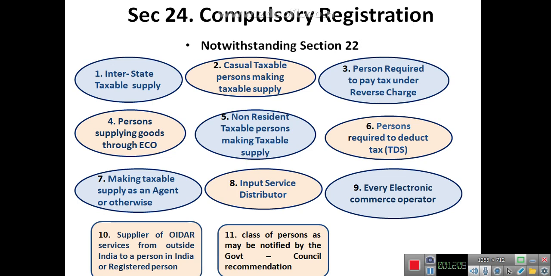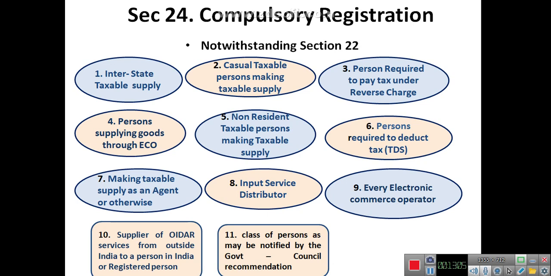Any person making interstate supply, or a casual taxable person making taxable supply, even though a casual taxable person supplies goods or services only casually or occasionally, has to compulsorily register. A person who is required to pay tax under reverse charge is also required to register. Persons supplying goods through an electronic commerce operator, for example any person registered on Amazon or Flipkart or any other electronic commerce operator, have to compulsorily register under GST.